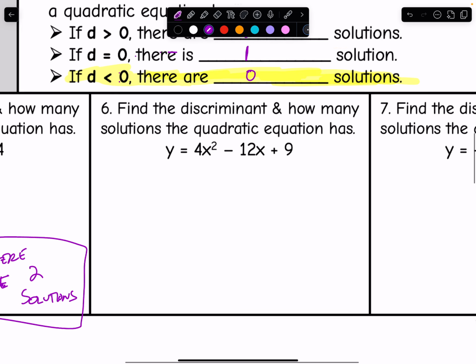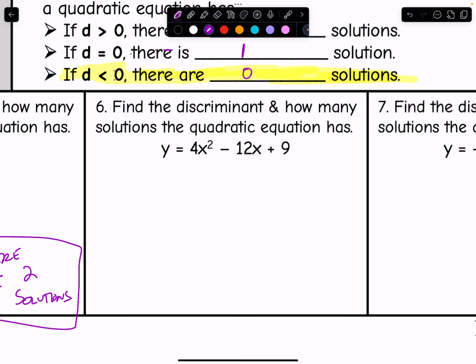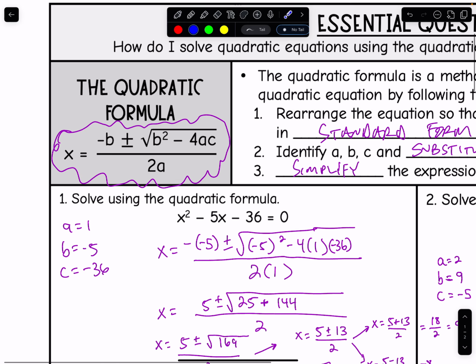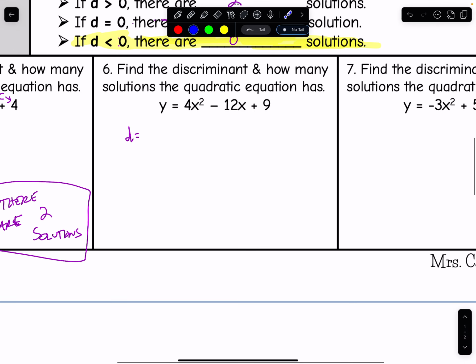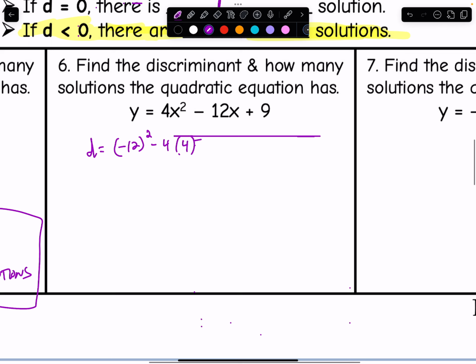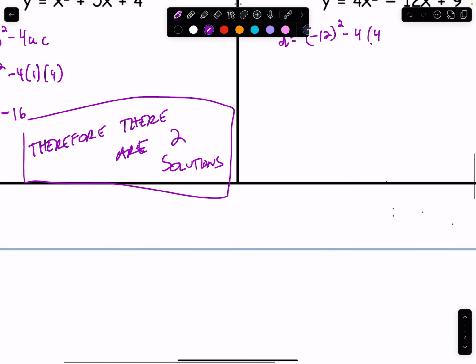Now we'll do the discriminant for this one. The discriminant is just the part under the square root, right? We're finding out if that's positive, negative, or 0. So b squared minus 4 times a times c. Oh no, I'm trying to finish this up, but it's getting crazy. This pen is wigging out.